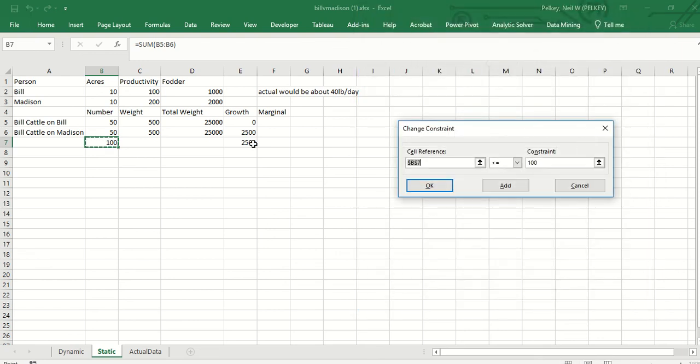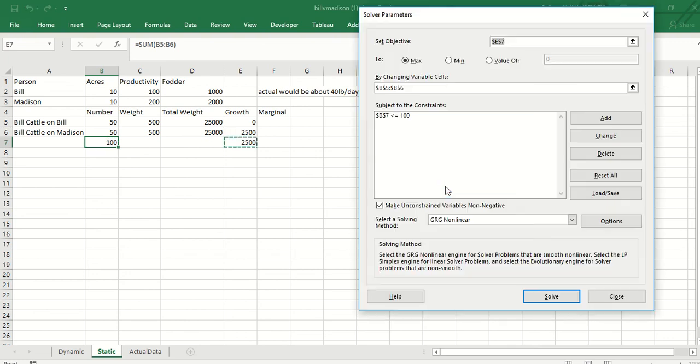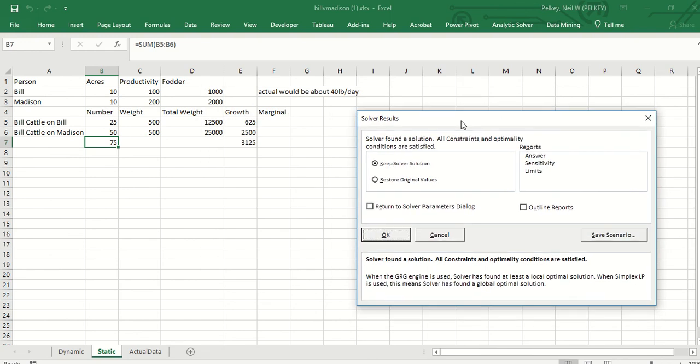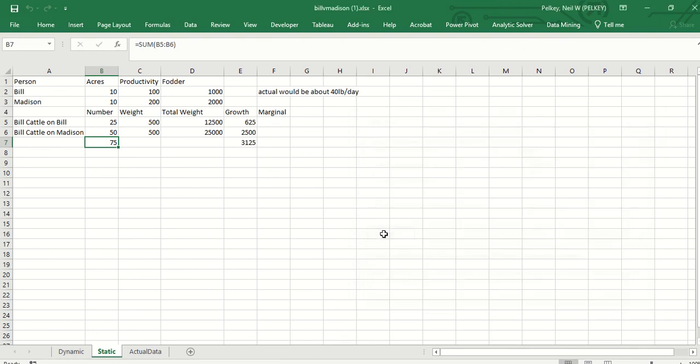So you see how you would do that is we select that the total cows, which are the 50 plus 50, are less than 100 right now, and we say OK, and we're ready to go. And we're using the GRG nonlinear solver. We'll talk about differences in these when I'm in class. And so lo and behold, it tells us that Bill should move a whole bunch of cows to his land, to Madison's land, and that way he could make more money. And we can say OK.